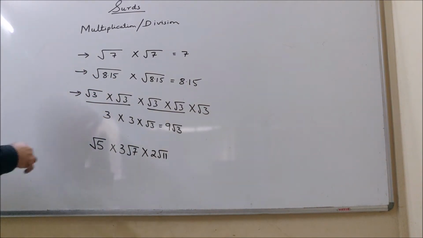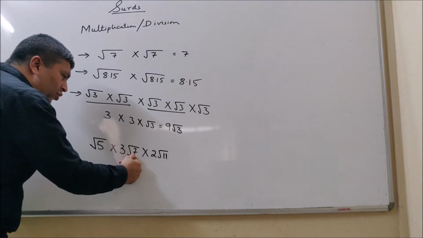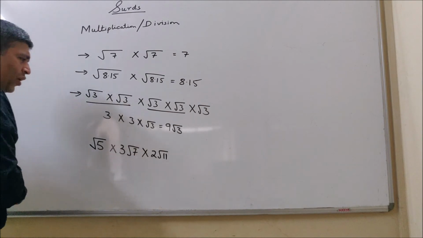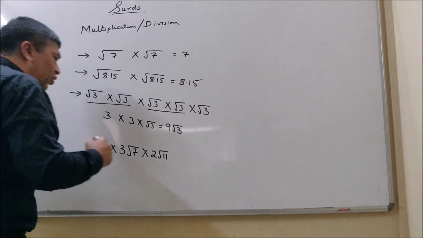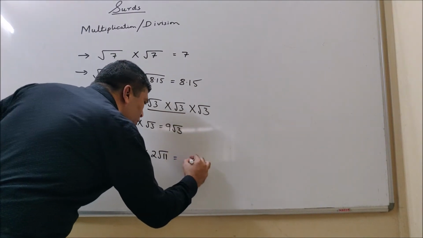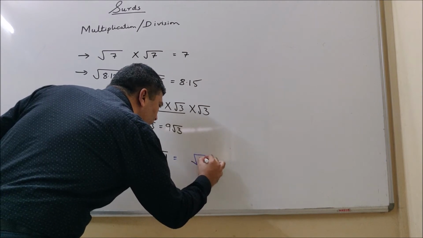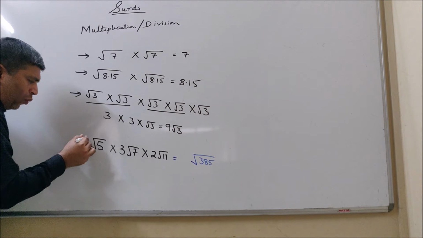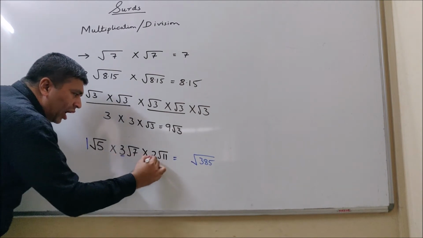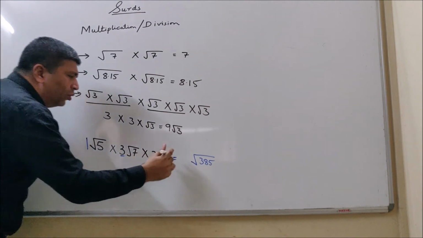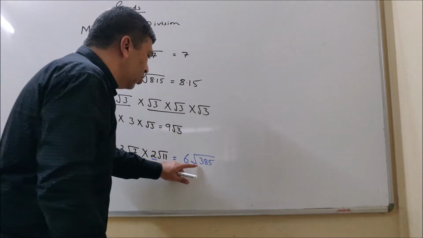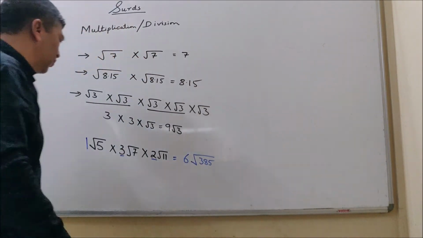Now, root 5 into root 7, so just look at the numbers. 5 into 7 is 35, and 35 into 11 will be root 385. The numbers outside the root are 1, 3 and 2. 1 into 3 into 2 is a 6. So your final answer will be 6 root 385.